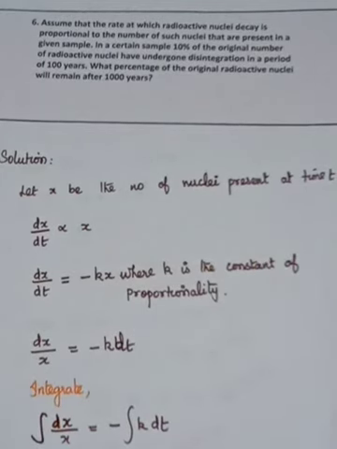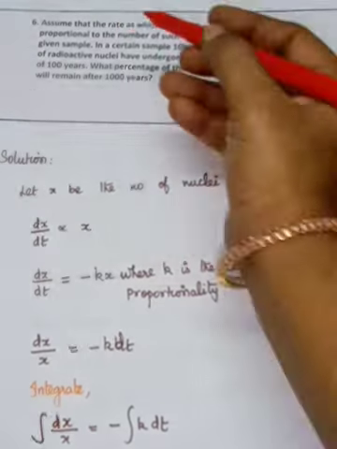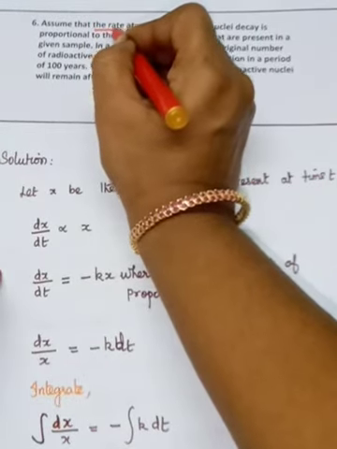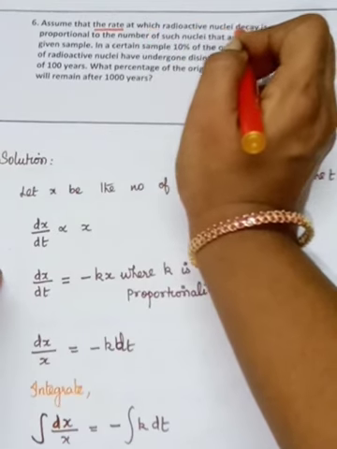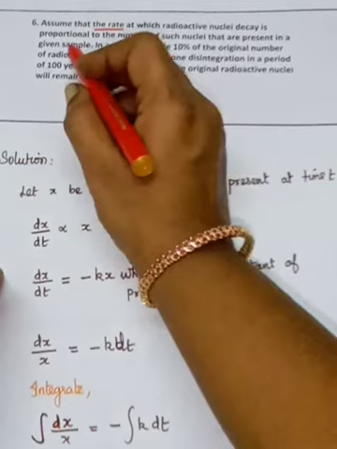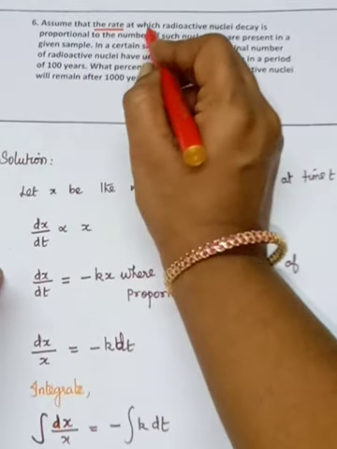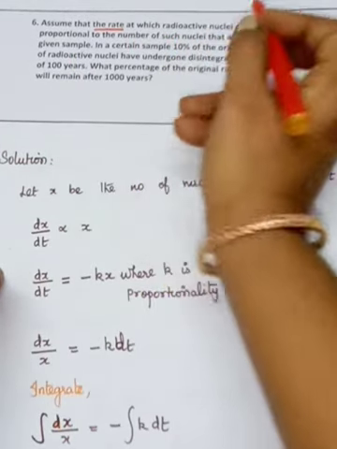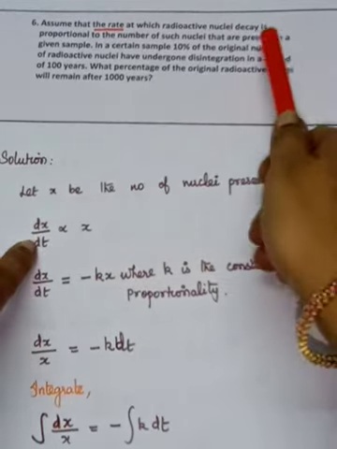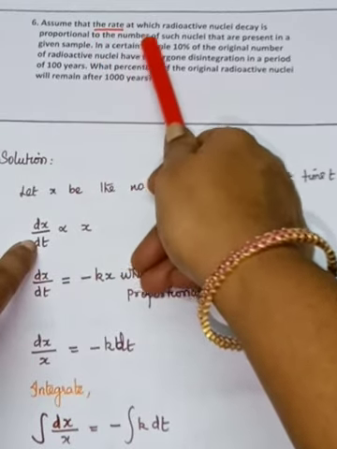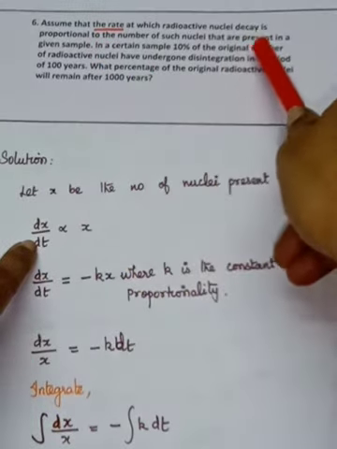See the first sentence: assume that the rate, this word is important, the rate at which radioactive nuclei decay is proportional to the number of nuclei present. So the rate of change in the amount of nuclei is nothing but dx by dt. It is proportional to the number of such nuclei that are present.